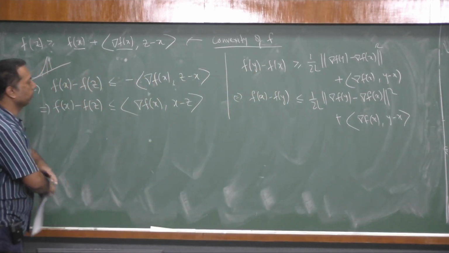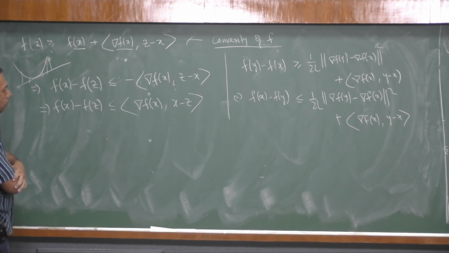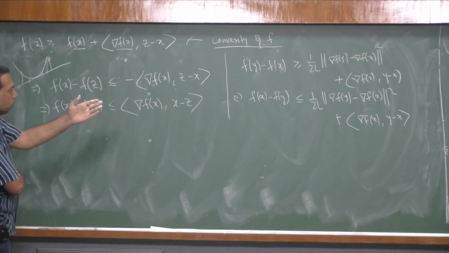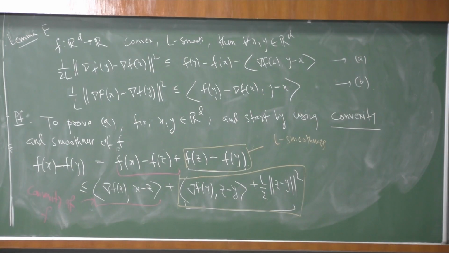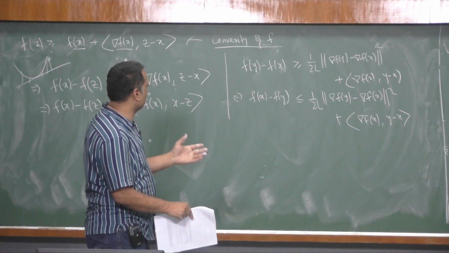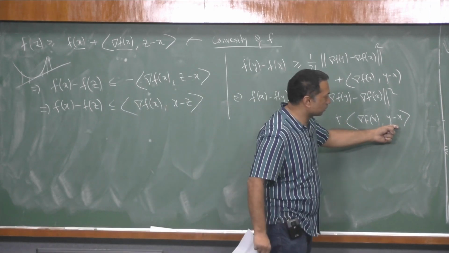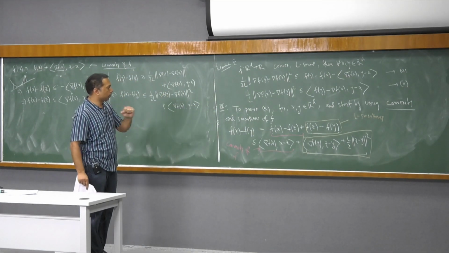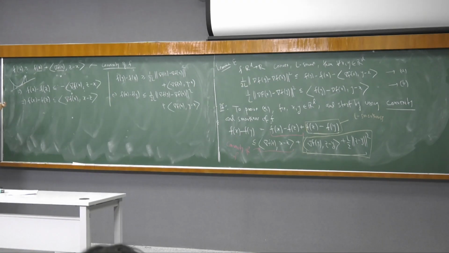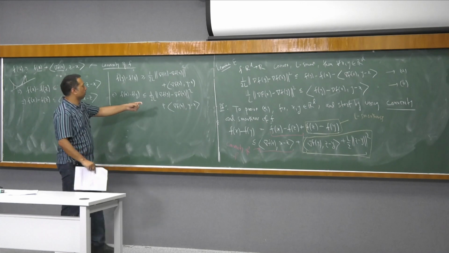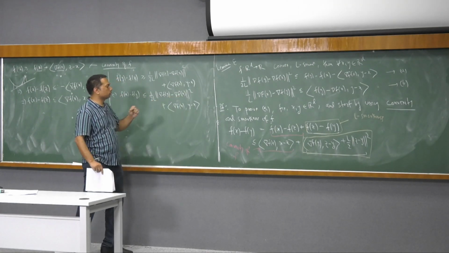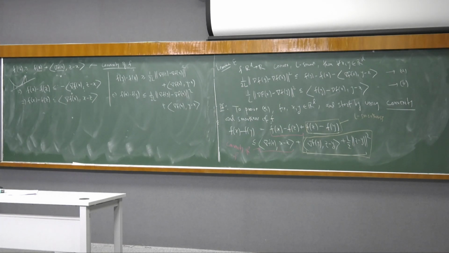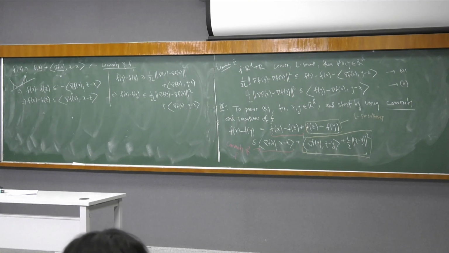I had the first step where I have f(x) minus f(y) is less than or equal to grad f(x). I don't see any of the terms that I need, but we need to work a little bit, right? So far what I have is grad f(x) times (x minus z), and I have grad f(y) times (z minus y). I have some term in L, but that's z minus y, and that also doesn't correspond directly to here, right? Because the function is L smooth, so the difference could be used maybe.